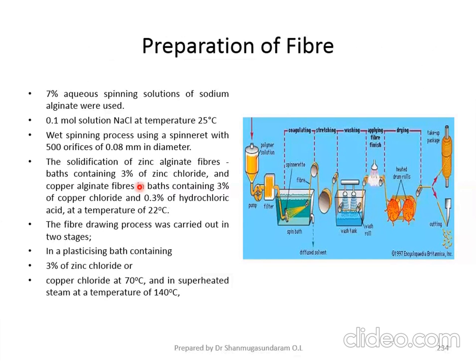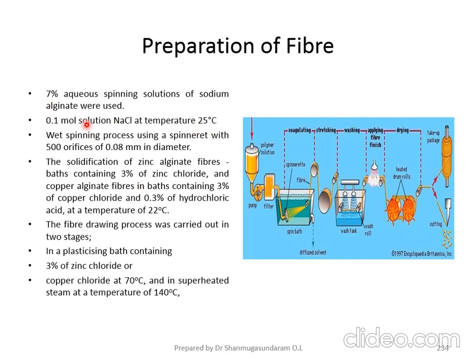Coming to the preparation or production of alginate polymer or alginate fiber. A 7% aqueous spinning solution of sodium alginate was used, then a 0.1 molarity solution of sodium chloride at a temperature of 25 degrees Celsius.